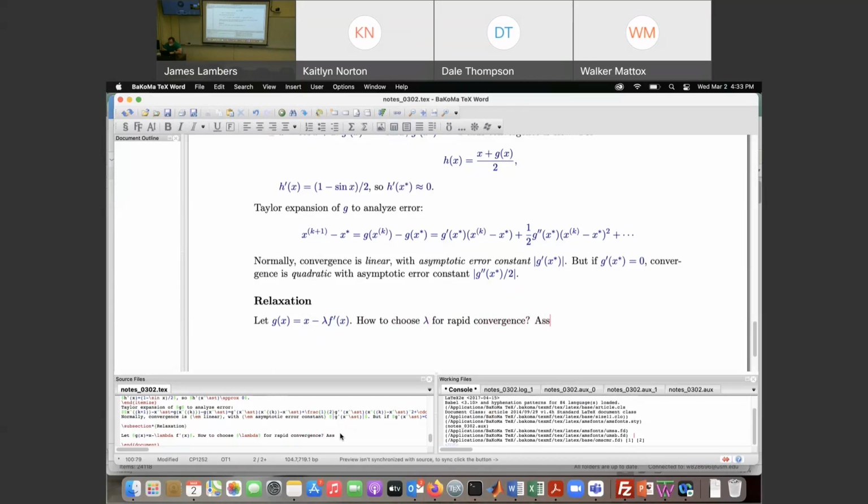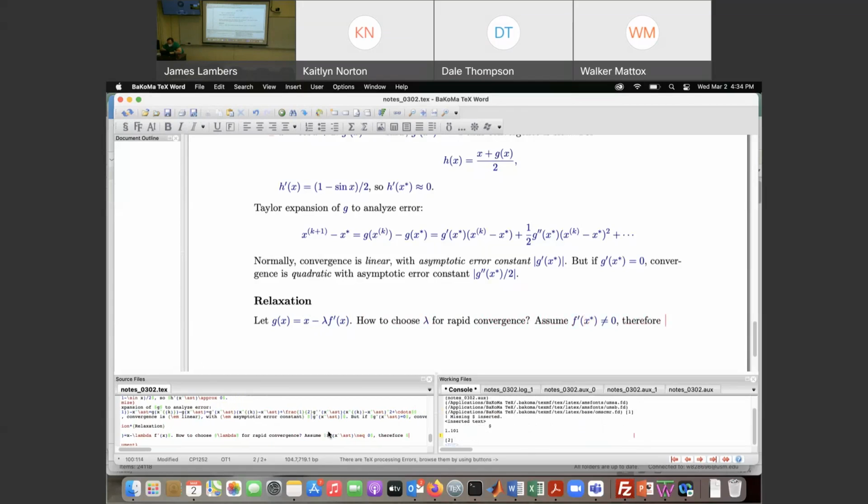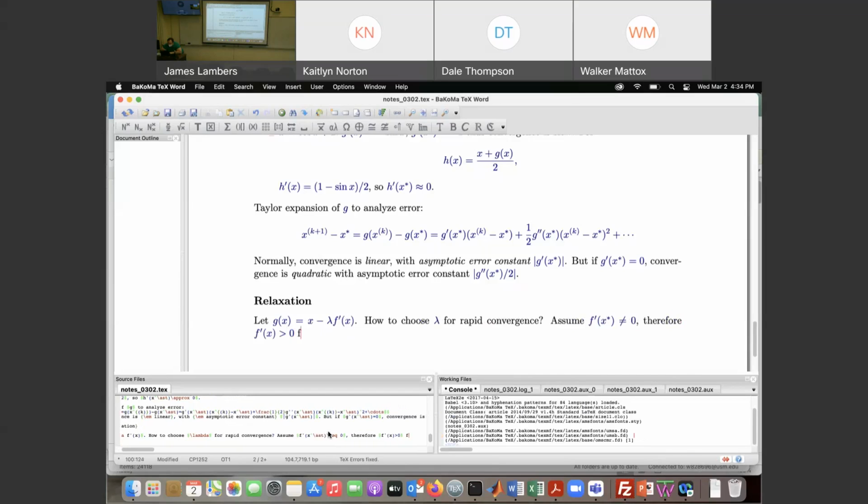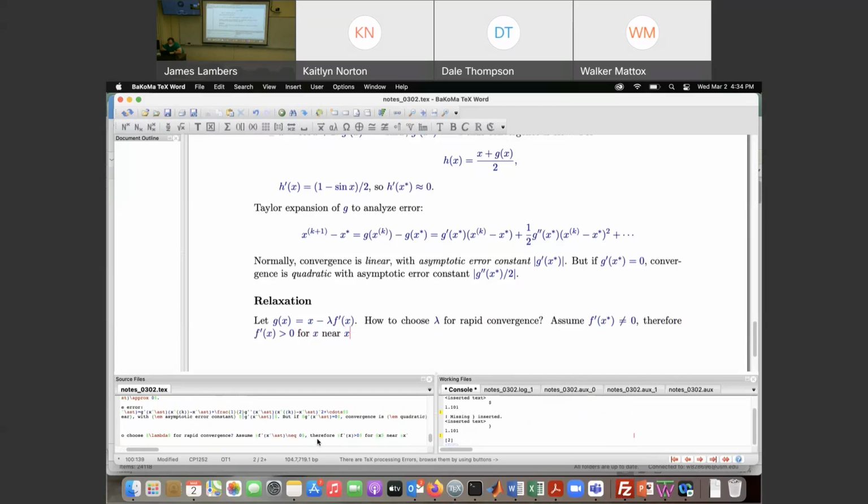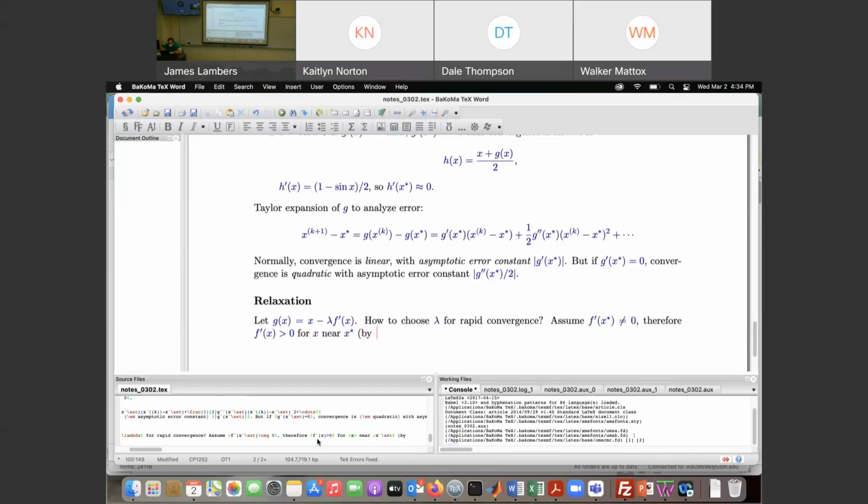All right, so if we assume that f prime at the root is not equal to 0, then you conclude that f prime is positive for x near x star, just by continuity.